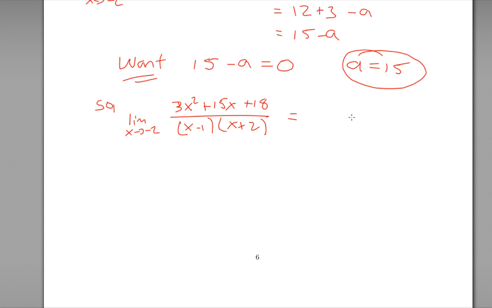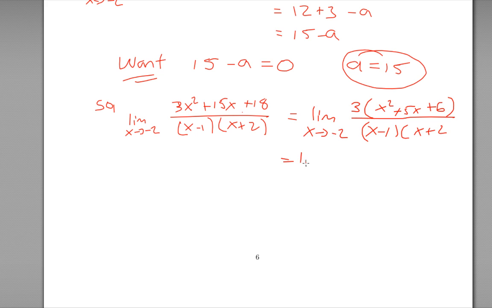Let me think. Oh, well, let's just take out a 3. That's probably going to make our lives easier. Let's take out a 3 first before doing all that complicated process. Now that I see that 3 can be pulled out of everything, this limit becomes 3 times x squared plus 5x plus 6, which is way easier to work with, divided by x minus 1, x plus 2.